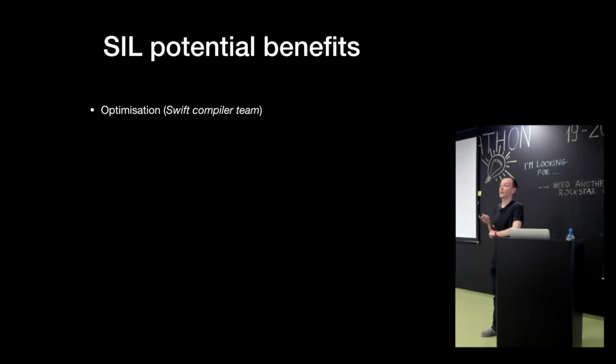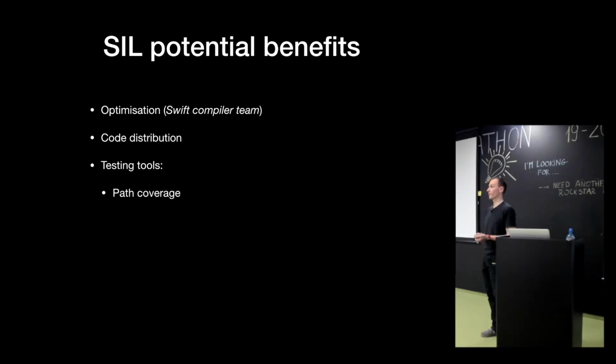But if we are creating recompilation for a different architecture, since it can still be used for code distribution, we can speed up our rebuilding time. And also, it's helpful for some testing tools. I mentioned path coverage, and also it could be possible to create some mutation tests thanks to CL.